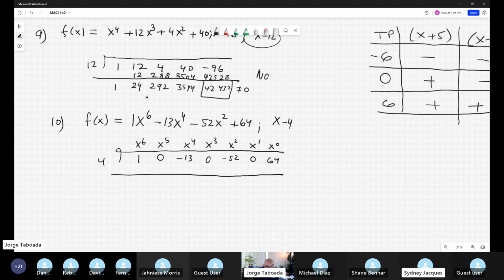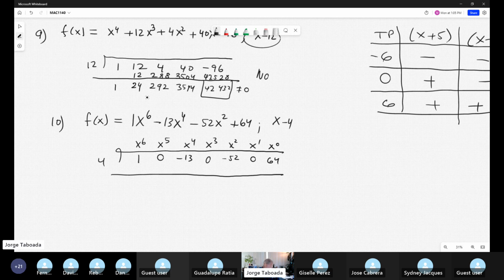Professor, thank you. If we wanted to, is it possible to do this with long division as well? Yeah, it's the same. What is the difference between long division and synthetic division? It's the same thing, but synthetic division gives me a shortcut because you omit the variable, it's just numerical.